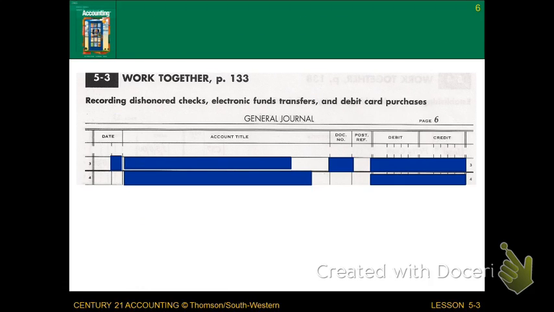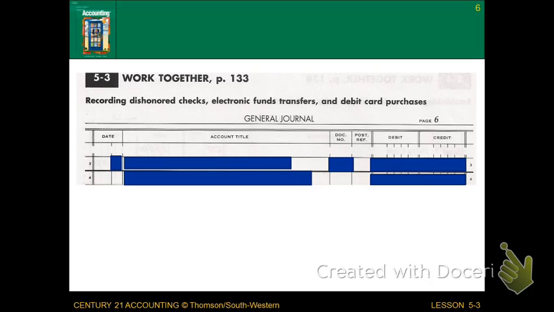On the work together, which is on page 133 in your textbook, the directions say that on March 15th, we received notice from the bank of a dishonored check from Christopher Icola in the amount of $63. However, there's an additional fee of $10, so now the total comes to $73, according to Memo 121.